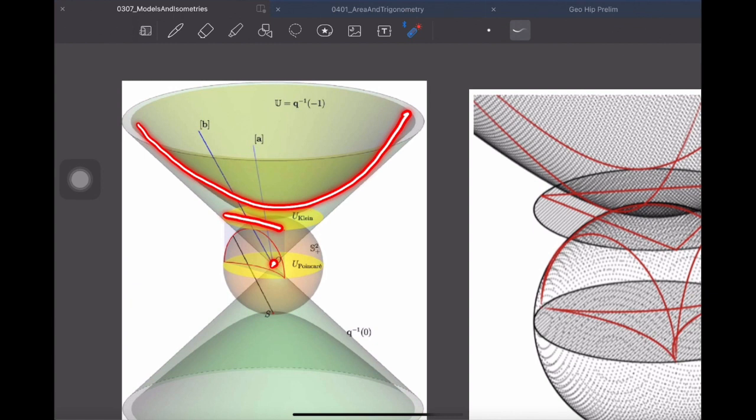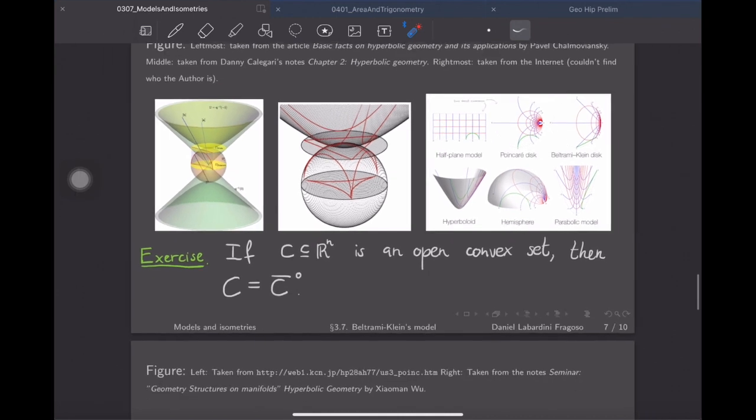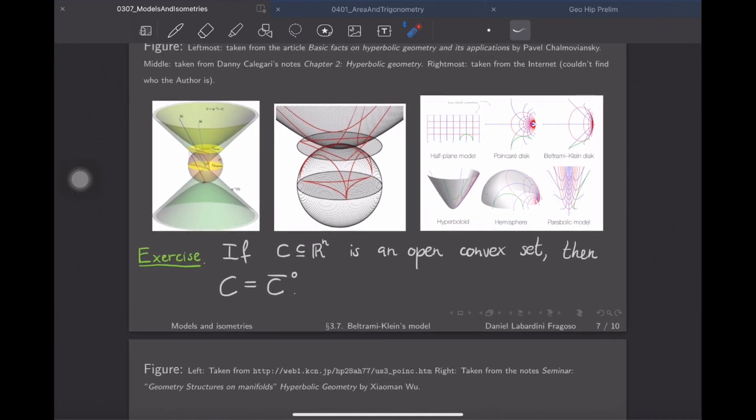It's actually a diffeomorphism. And from the hyperboloid, I can pass to the Poincaré disk and to the upper half plane. So just from this exercise, with the aid of the Beltrami-Klein disk, I can say that if I have a hyperbolically convex open set in the hyperbolic plane, then it coincides with the interior of its topological closure.